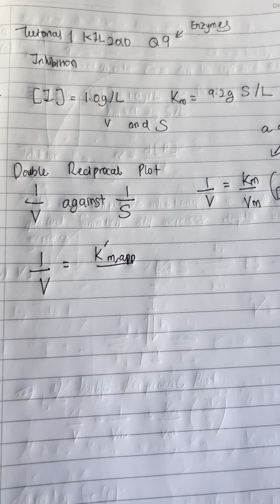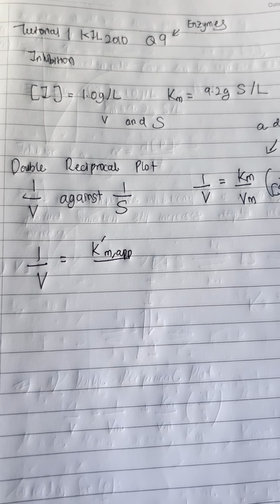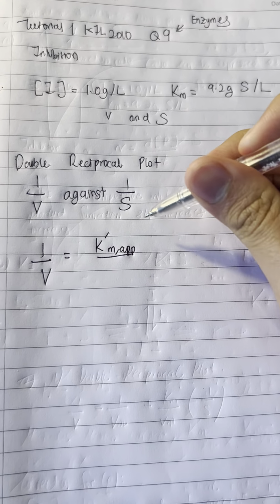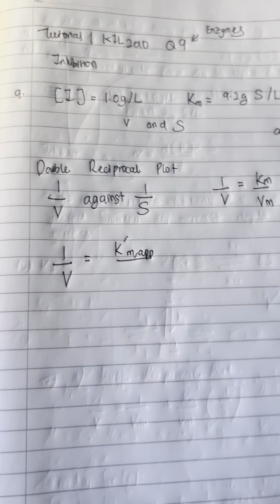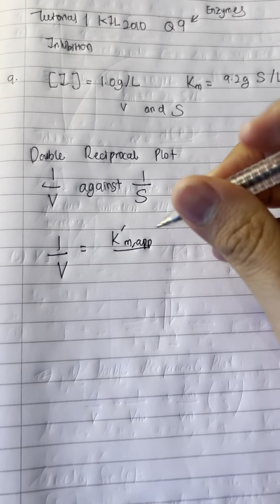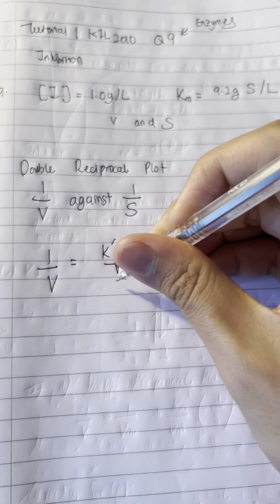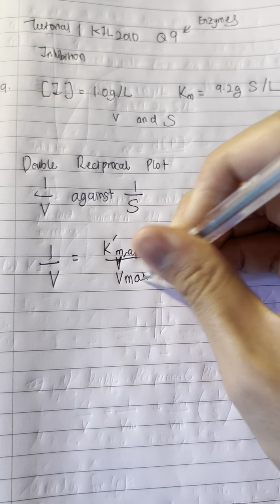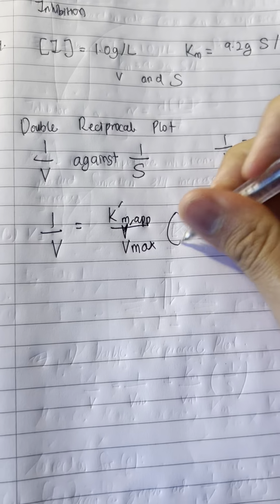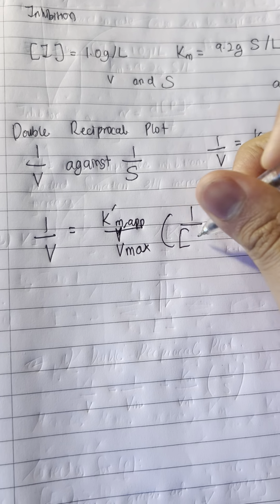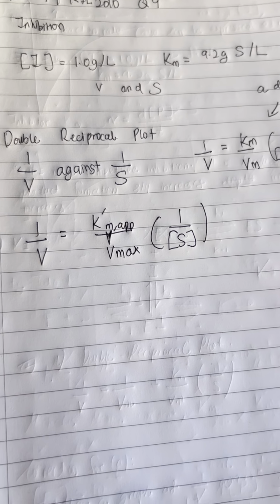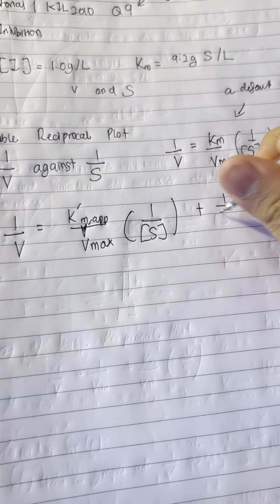So even if you got the results 1 over V against 1 over S, we will consider this K prime M apparent. For the constants, this is V and the denominator here is V max or Vm, it's the same thing, multiplied with the concentration of this, plus 1 over Vm.